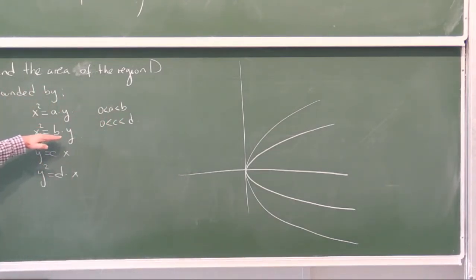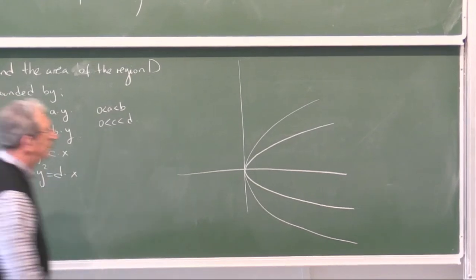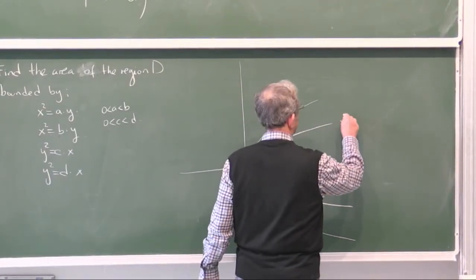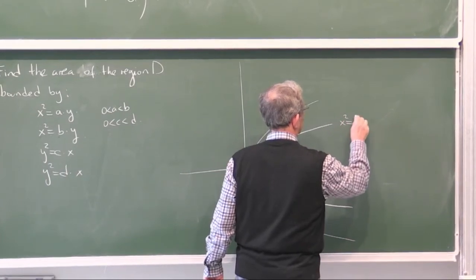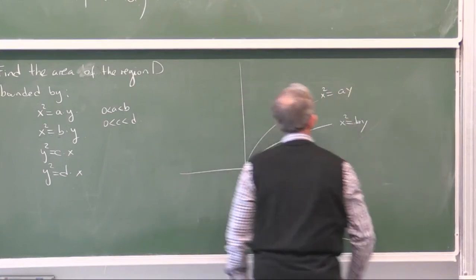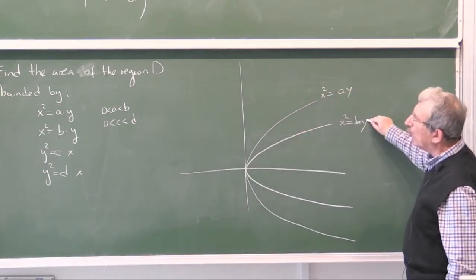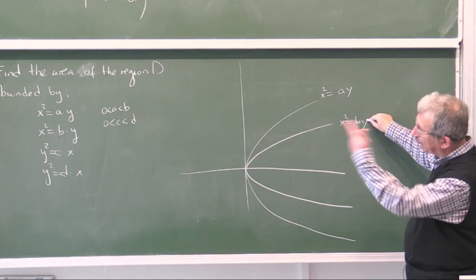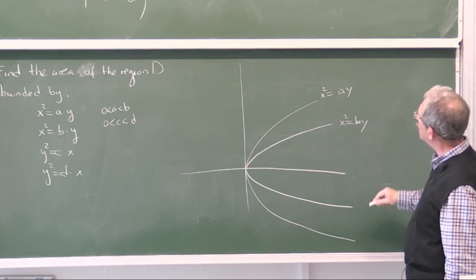Clearly, if b is larger, it means that x will be larger. So this is the b case, and this is the a case.